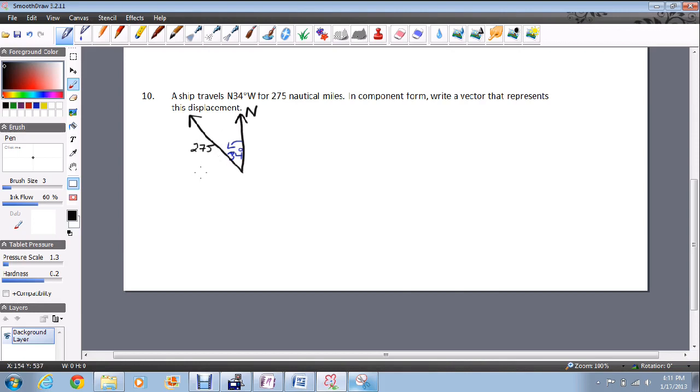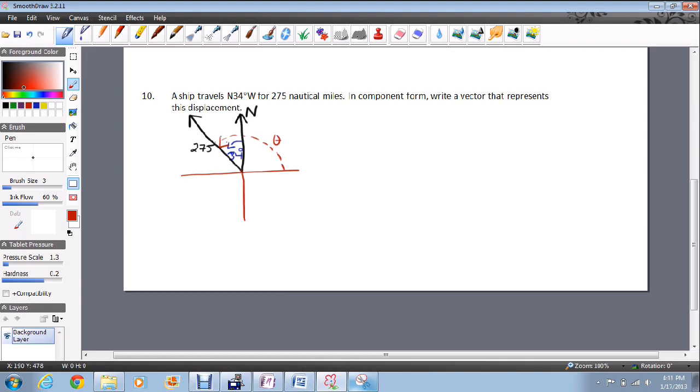So again, remember that we're talking about this on an entire XY axis. So we're really interested in figuring out what this angle here, theta, is. So we know if we go up to the North Pole, or the y-axis, that's going to be 90.